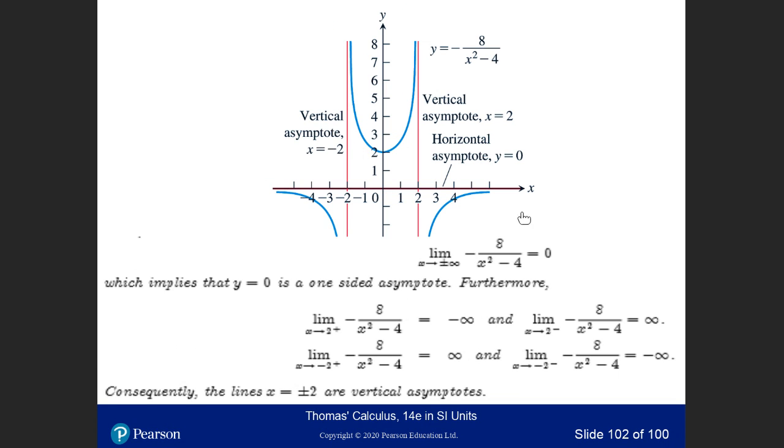Okay, there's another example, minus 8 over x squared minus 4. Now, as you can see, when x is plus or minus 2, we have 8 divided by 0, which is not a real number. So let's see, if I approach 2 from the left-hand side, what happens?